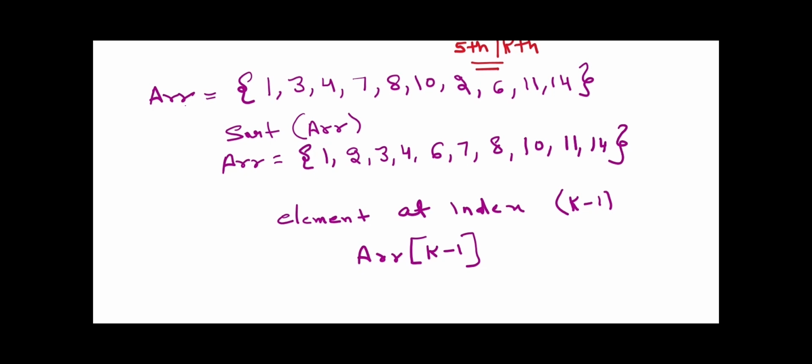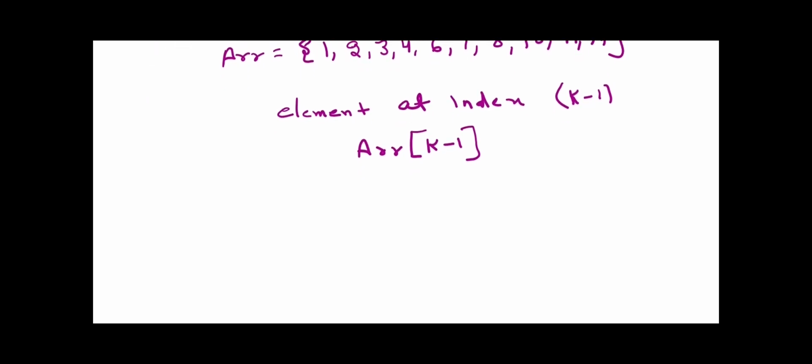Let's understand how our code will look if we go with this brute force solution. We are given two arrays, array 1 and array 2. This is of size n, this is of size m.